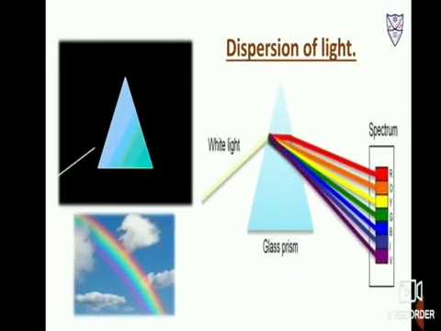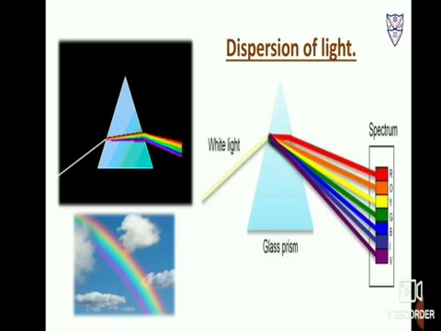Now students, let us discuss dispersion of light. Dispersion means spreading. The phenomenon of splitting of white light into its component colors on passing through a transparent medium like a glass prism is called dispersion of light.